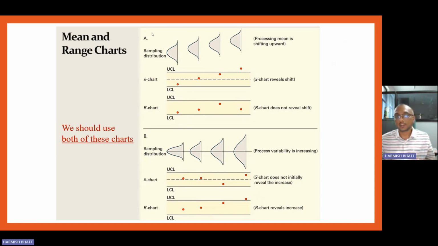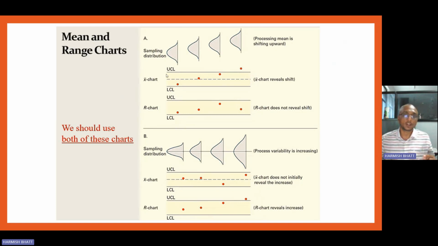Sometimes for case A, let us assume the case A. We are preparing the X bar chart over here for case A, where we are finding that one of the data points, or one of the sample means, is moving above the LCL. It means by looking at the X bar chart, we can say that the process is not under control.